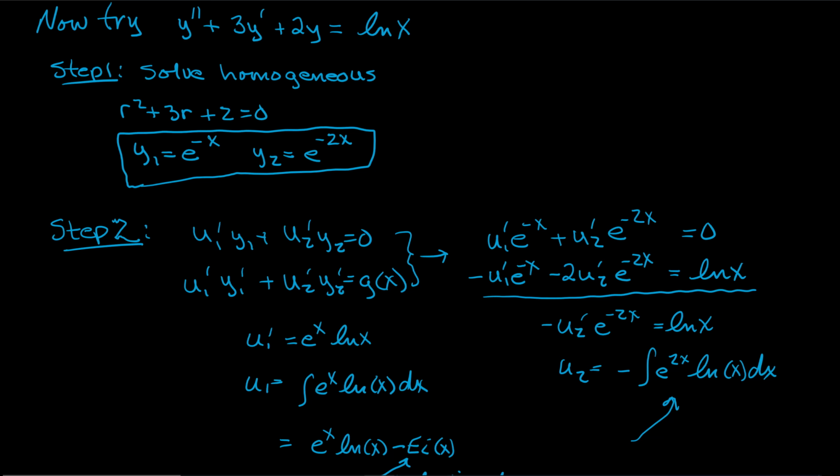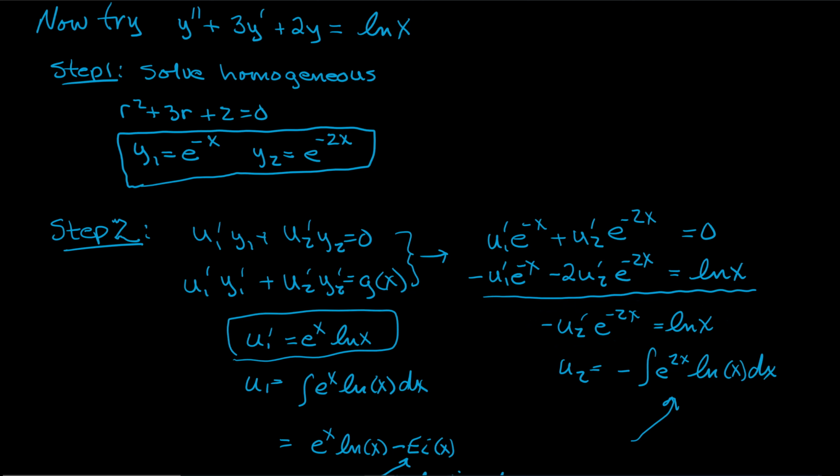Okay. We can also at this point solve for u1 prime. We take our u2 prime and substitute it into the first one. And when you do that, you wind up with u1 prime is equal to e to the x natural log of x.